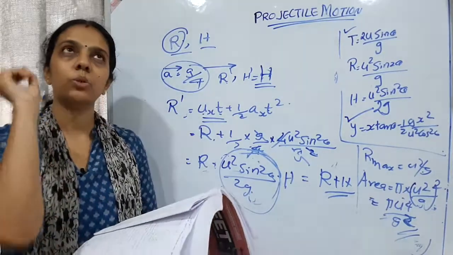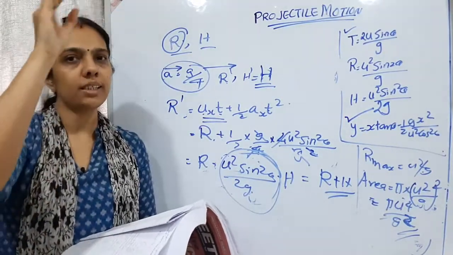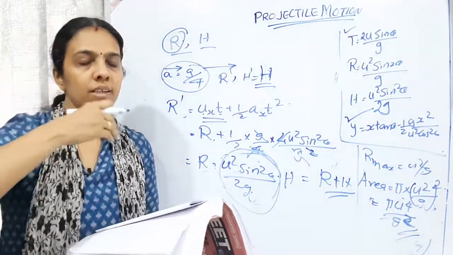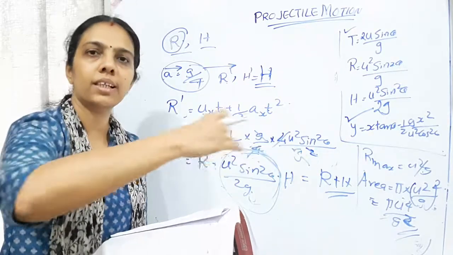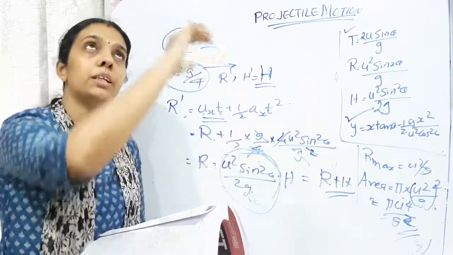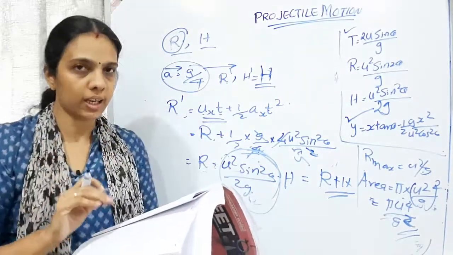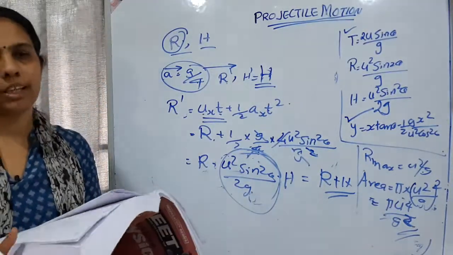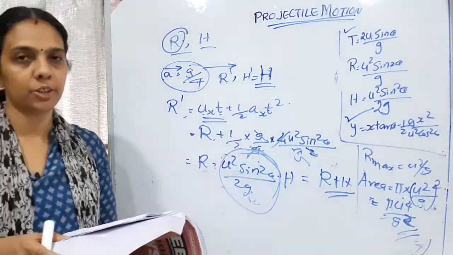So when we are throwing the projectile, after that it will be moving under acceleration due to gravity. When the cart is moving and reaching 80 meters, the projectile is falling on the cart itself. What is the initial velocity of the projectile? We need to find that out.